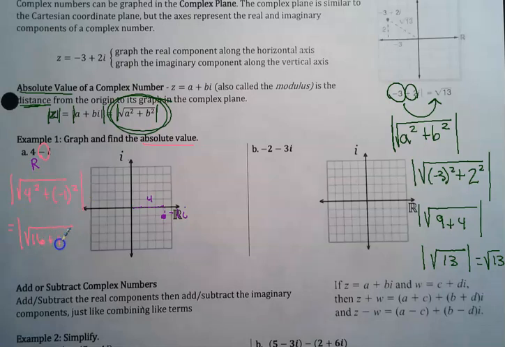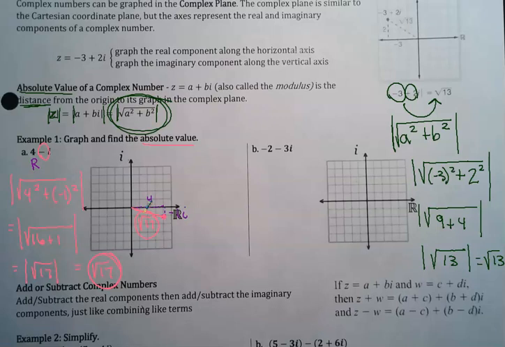Negative 1 squared is 1. So this is the absolute value of the square root of 17, which is the square root of 17. So this distance, from the origin to 4 minus i, is equal to the square root of 17. That's what we're finding, the absolute value or the distance.